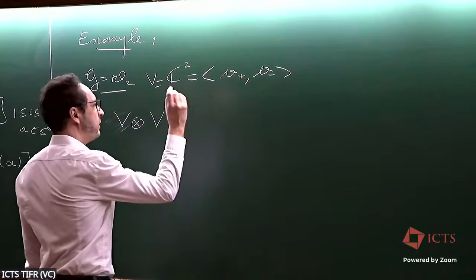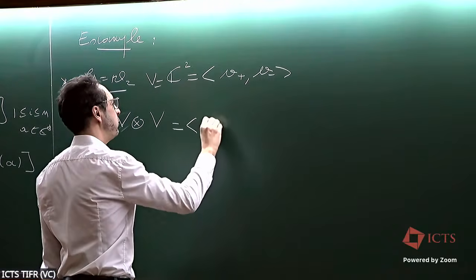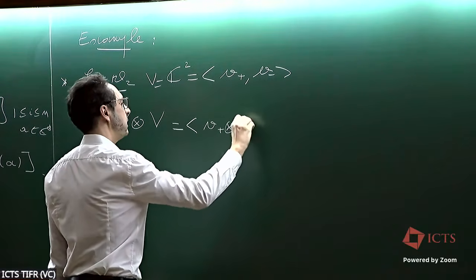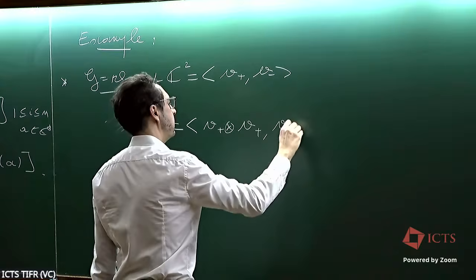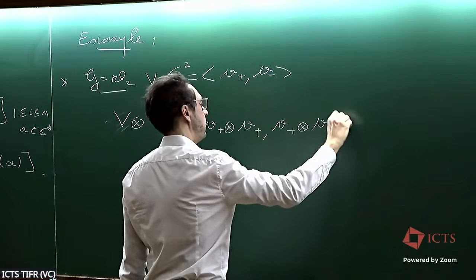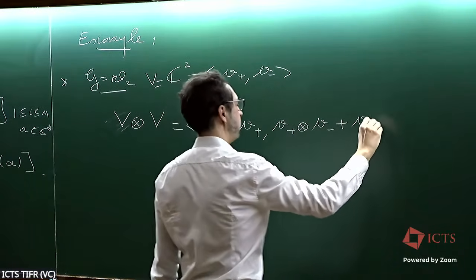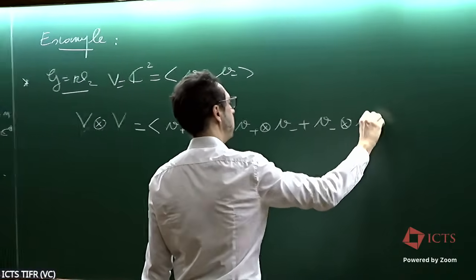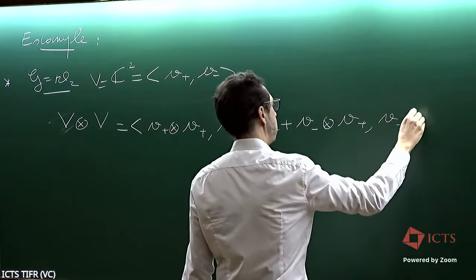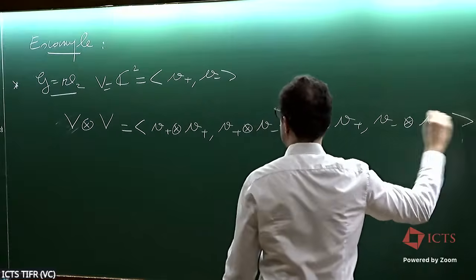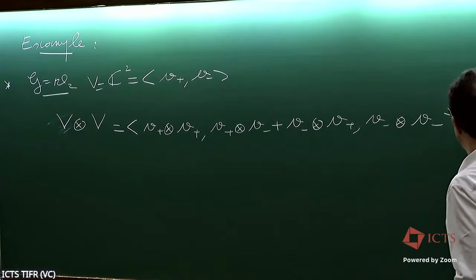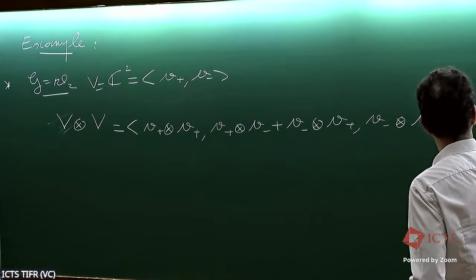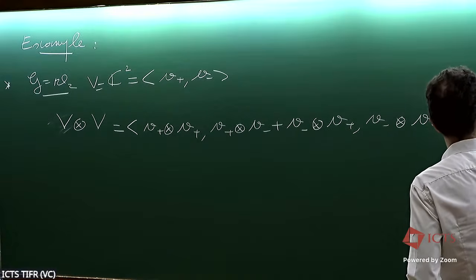More precisely, here we have the subspace spanned by V_+ tensor V_+, V_+ tensor V_- plus V_- tensor V_+, and V_- tensor V_-. That's a submodule of dimension 3, and then we have the skew part, V_+ tensor V_- minus V_- tensor V_+.